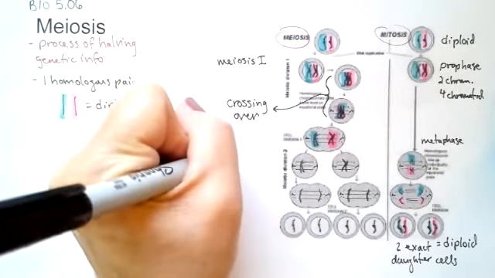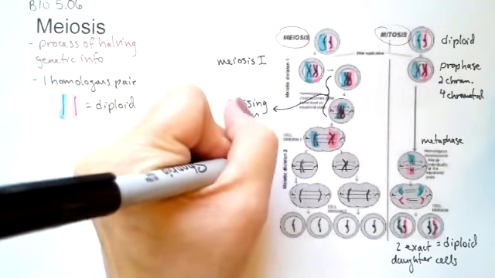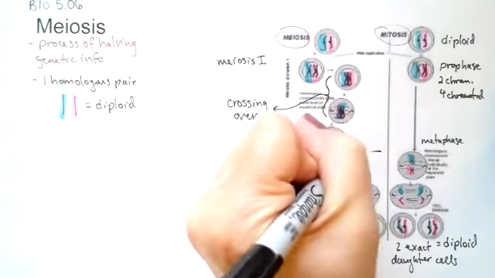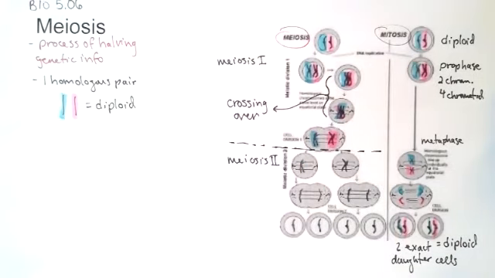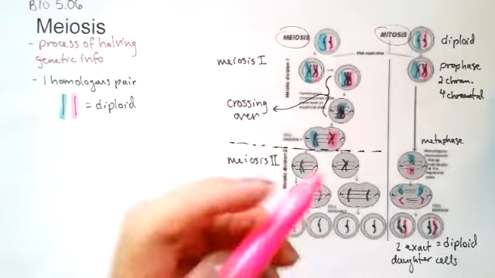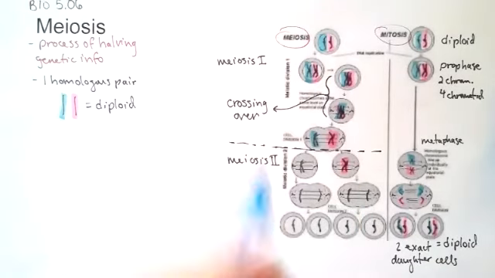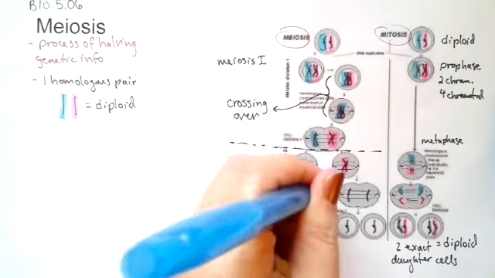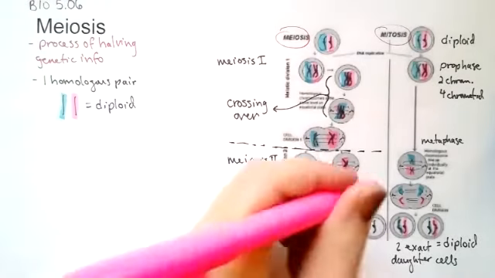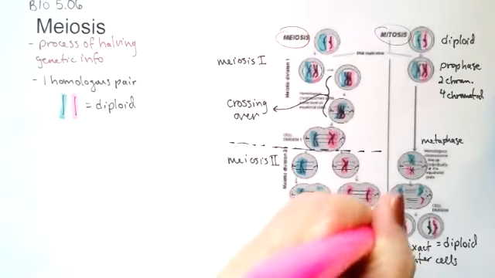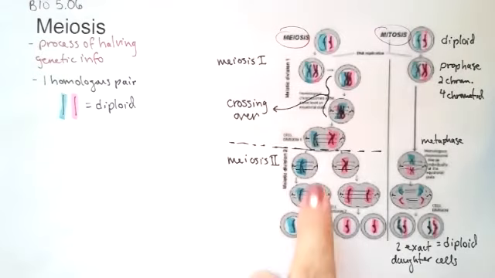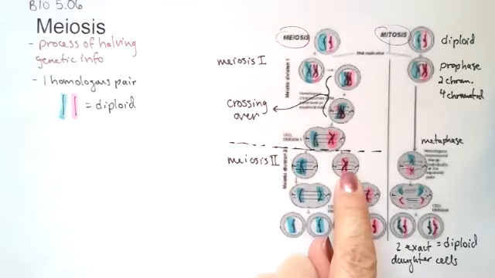And this would be the start of meiosis 2. So we can do a dashed line. In the first division, one copy of a homologous pair goes one way and one copy goes the other way. So instead of lining up in the middle and pulling everything apart, we now have one chromosome here and one chromosome here.